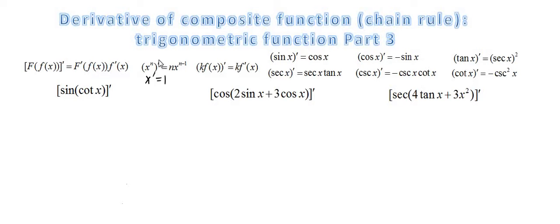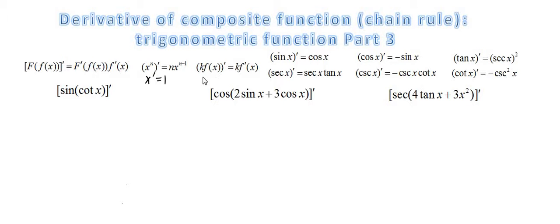I also list all the other derivatives that can be used for solving the following examples. The second one is the power rule. The derivative of x to the power n equals n times x to the power n minus 1.